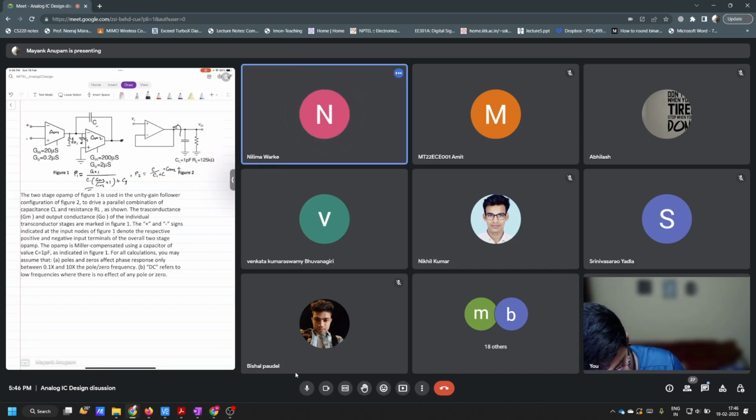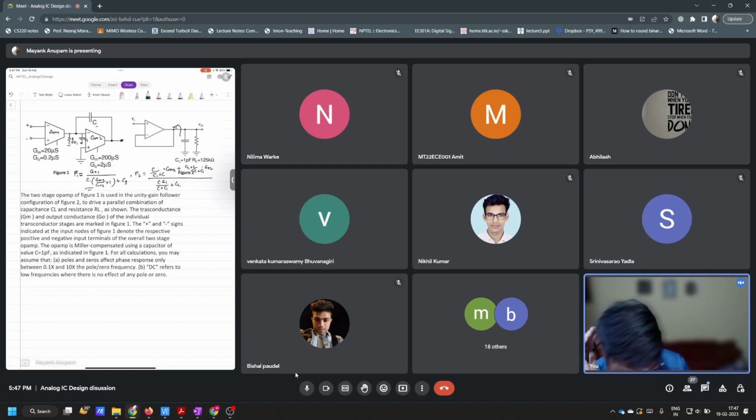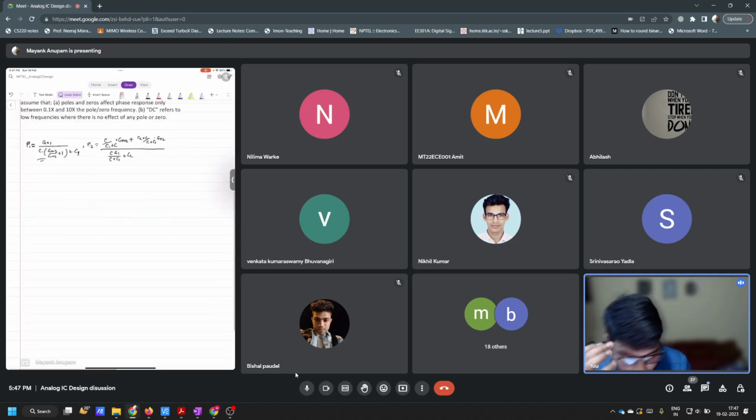So it is CL plus C into C1, divided by C plus C1. Divided by C1 divided by C plus C1 plus CL, plus something else, right? No need to worry about that. So this is the expression, right? Approximately. Correct. These are the two poles.